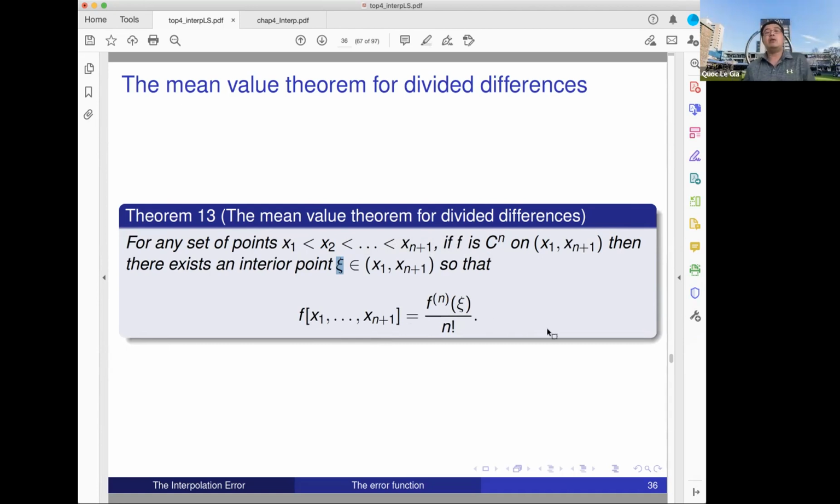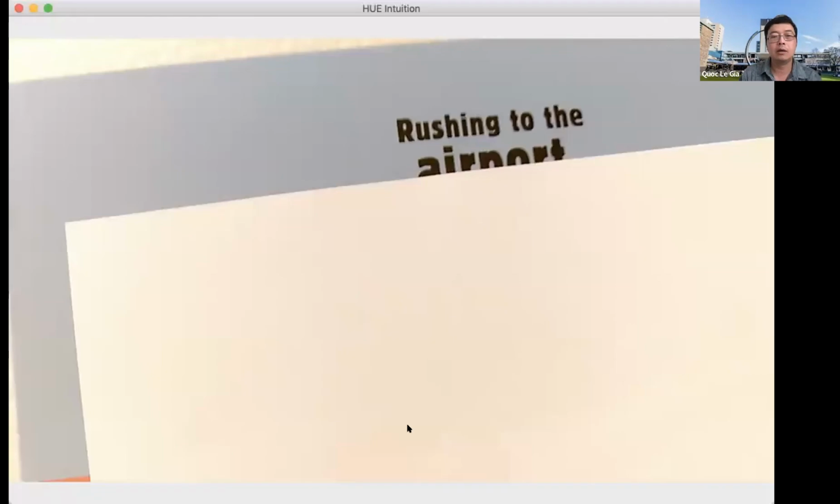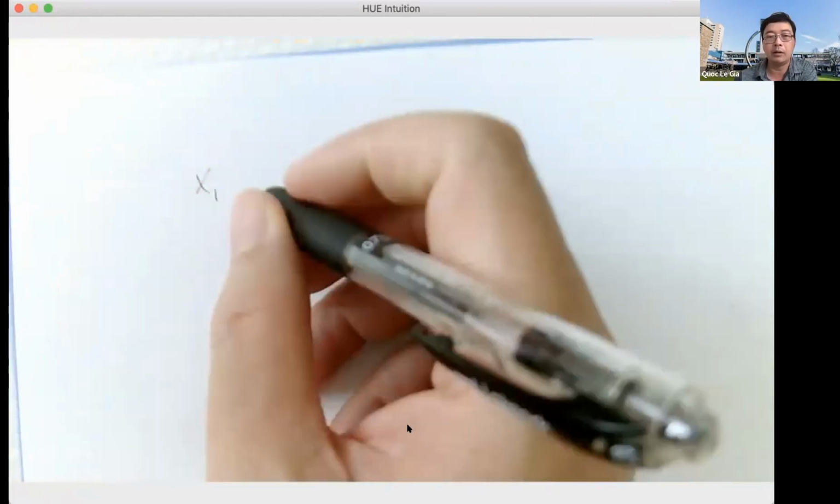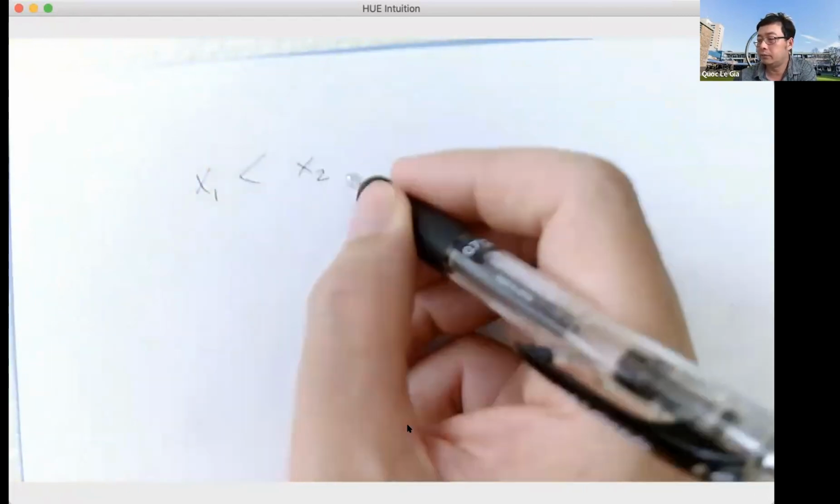Now let's see whether this theorem makes sense or not. What happens if I take n equal 1? This means that I have only 2 points. Let me write down this theorem in the special case. Suppose I have x1 less than x2.